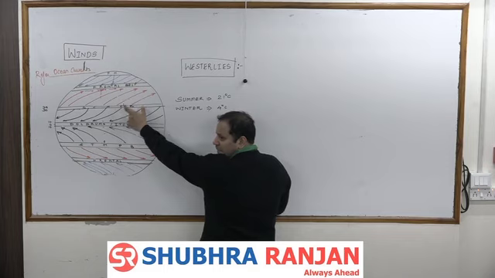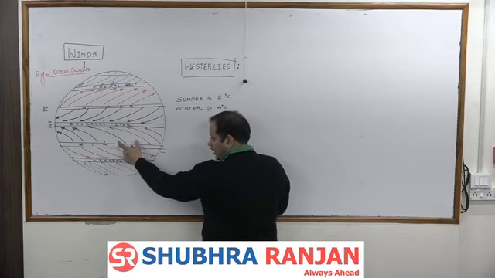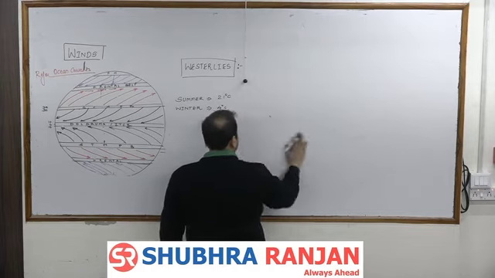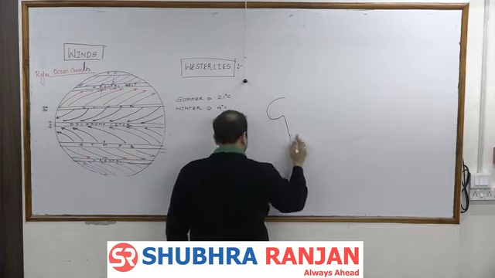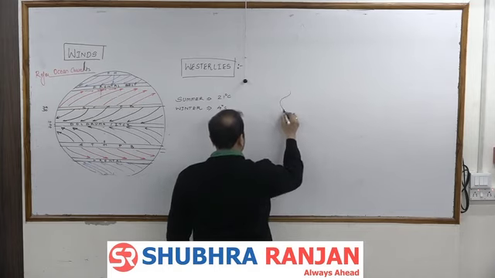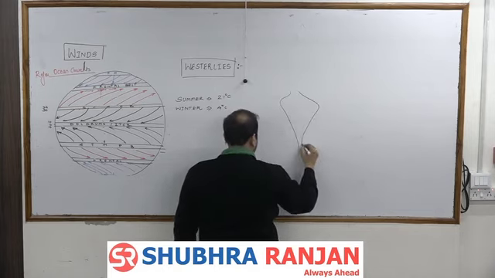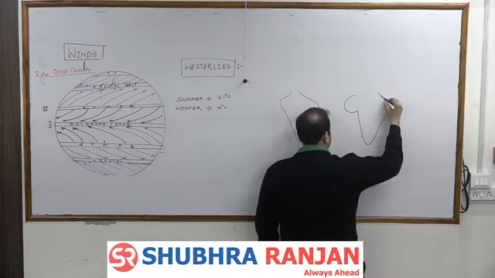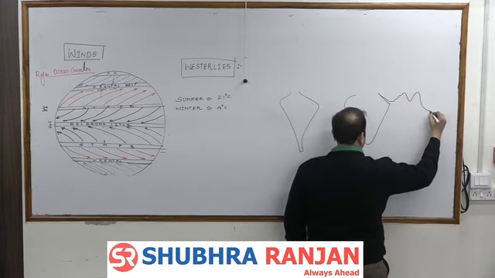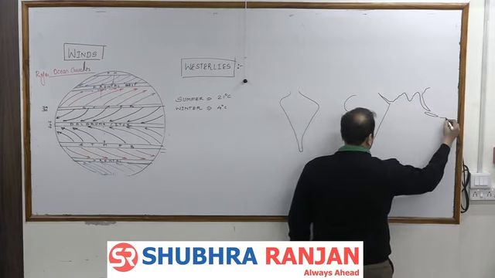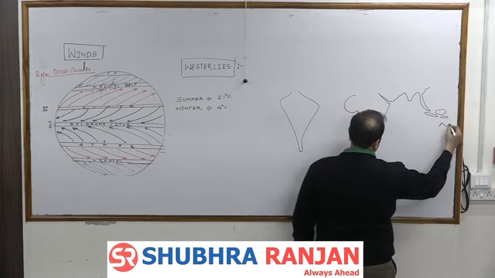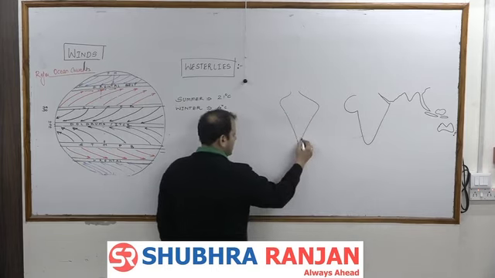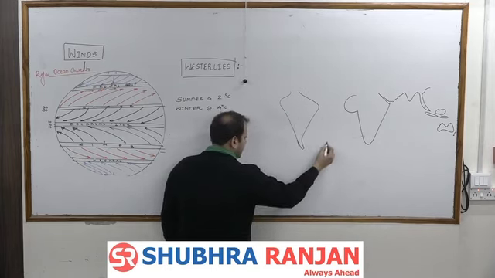There is a dominance of land here in the northern hemisphere, but there is no land in the southern hemisphere, especially at these latitudes. So you can take down, in the southern hemisphere, due to the dominance of water bodies, the westerlies travel with great speed.